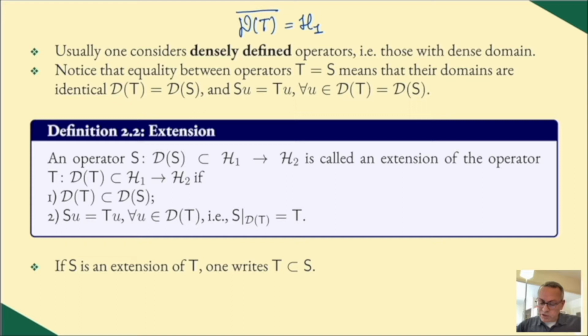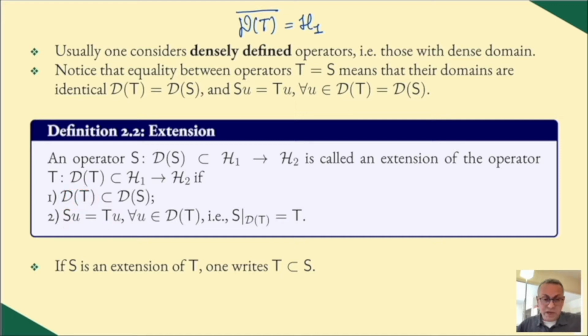And in fact, this brings us to the question of extension. So let's say we have an operator T between two Hilbert spaces. We will say that an operator S between the same Hilbert spaces is an extension of T if its domain contains D(T), and we require then that on this domain D(T), these two operators coincide.